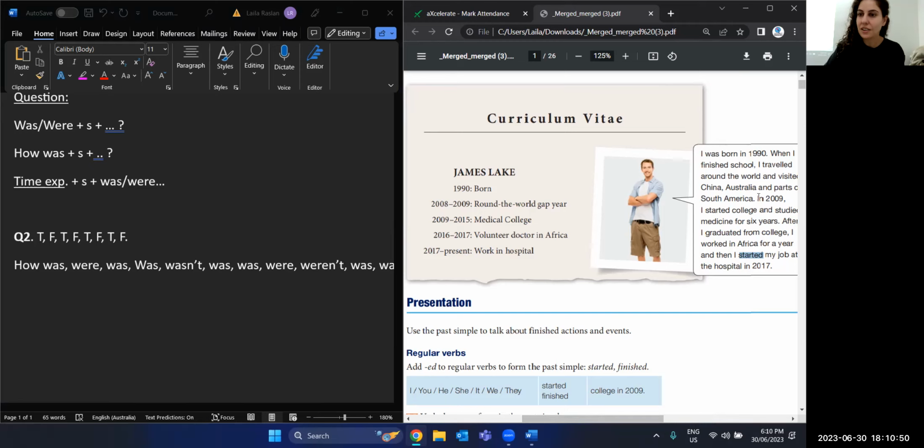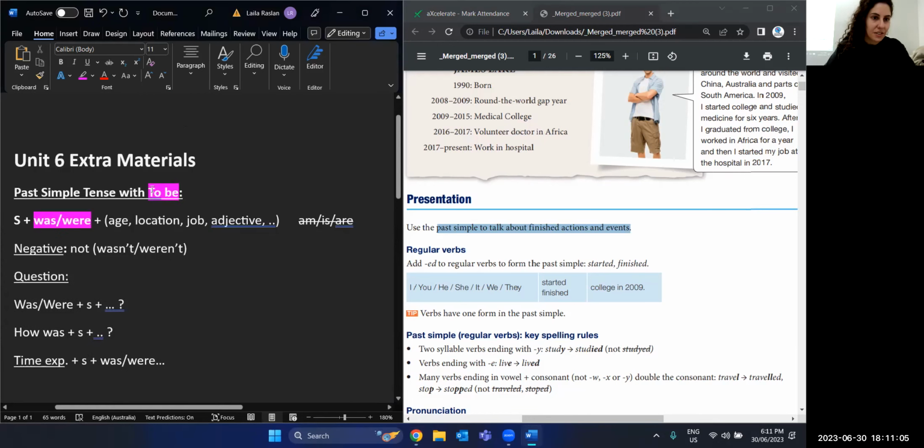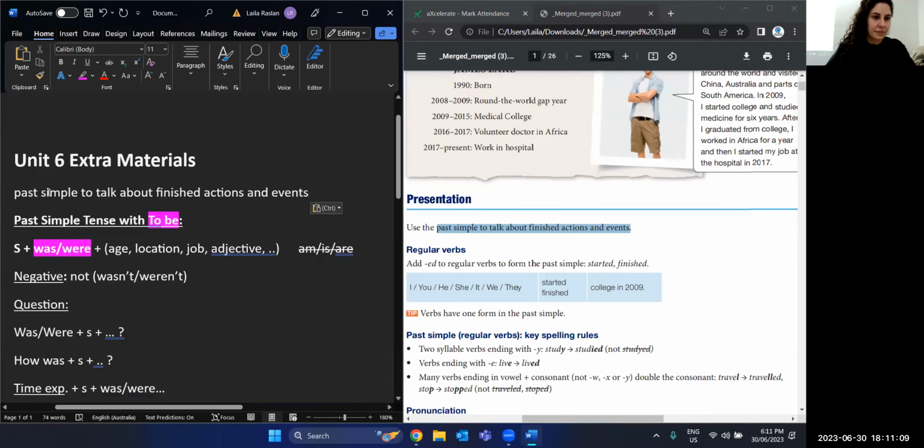When he started college, he studied, he graduated, he traveled. So we use the past simple to talk about finished actions and events.